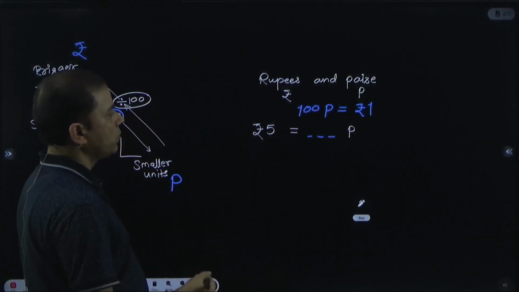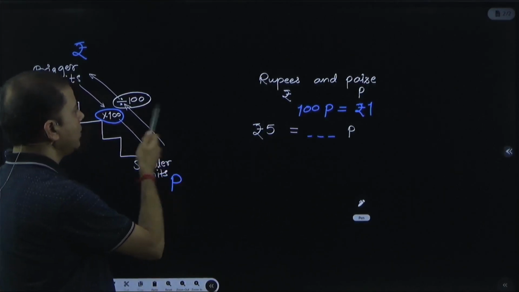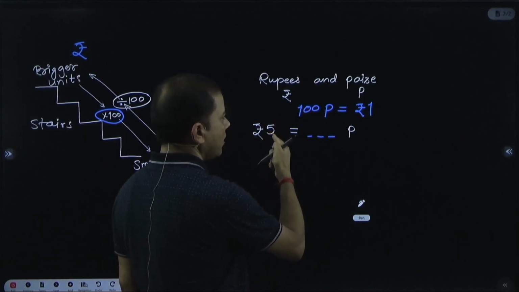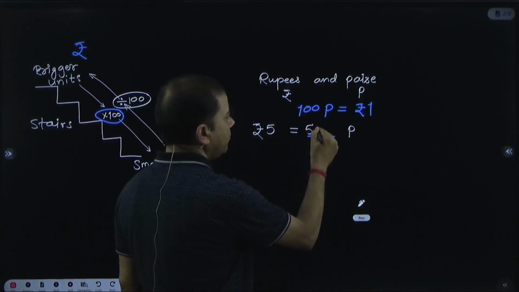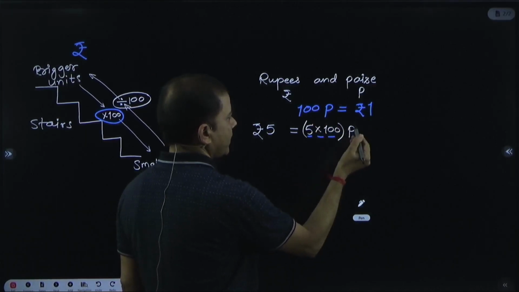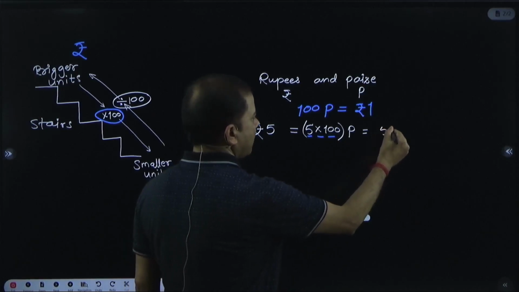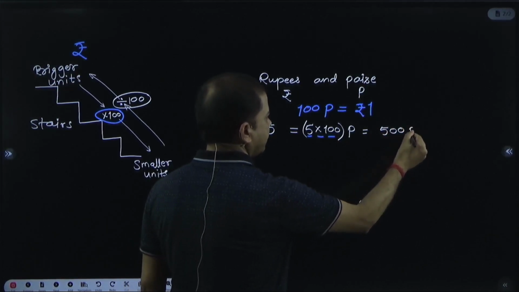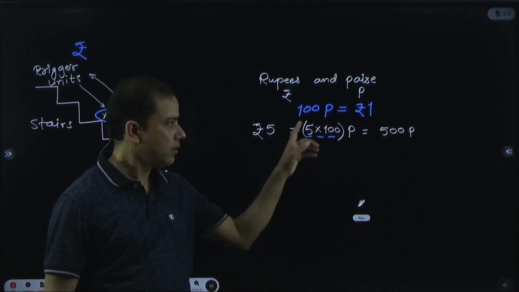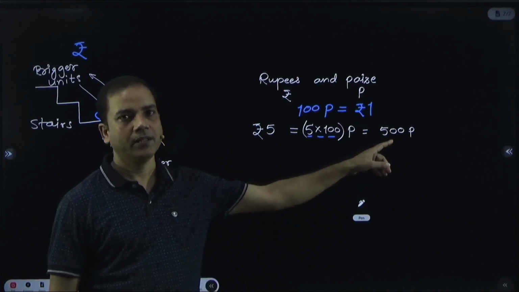Well, we are going to change from bigger to smaller, so we will multiply by 100. So 5, that number is already available, will be multiplied with 100, and that becomes 500 paise. Did you understand? 5 rupees equals 500 paise.